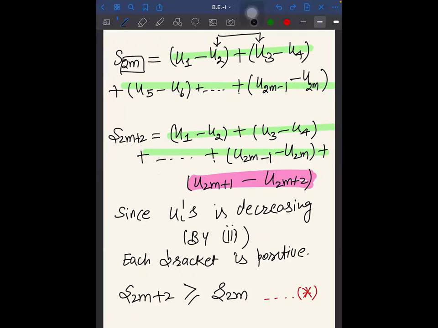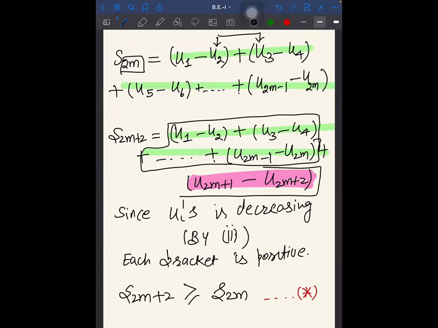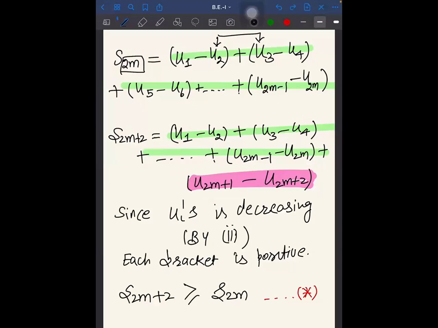So up to this stage, S_{2m+1} and S_{2m} are the same. But S_{2m+2} has an extra factor of this, which is also positive. So we are adding something to S_{2m+2} over S_{2m}. So S_{2m+2} has to be bigger than or equal to S_{2m}. Yes, sir, I got that.